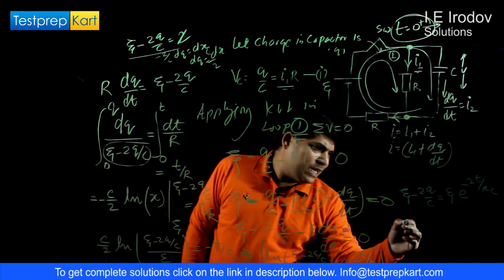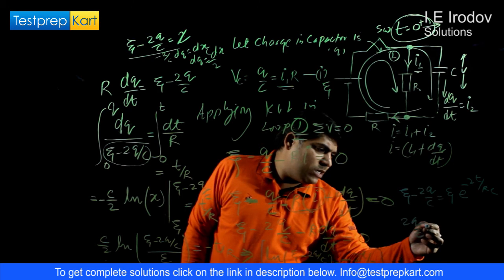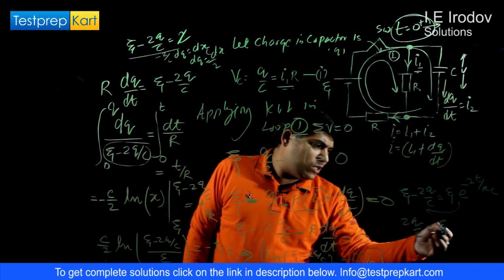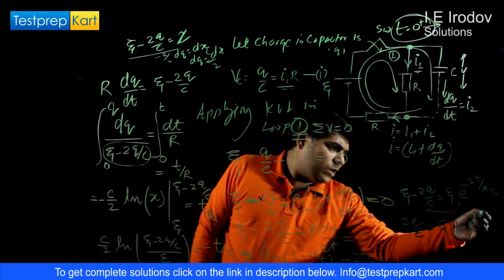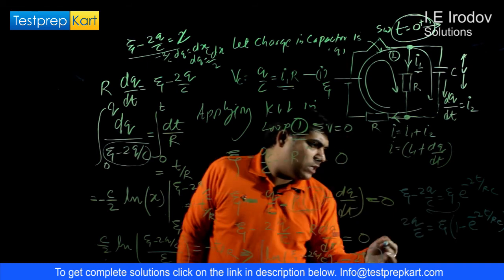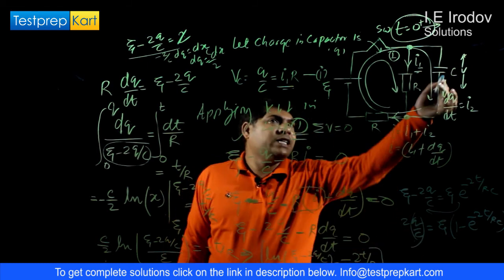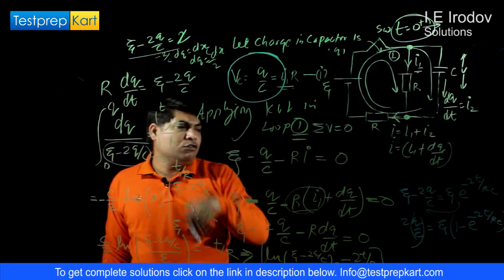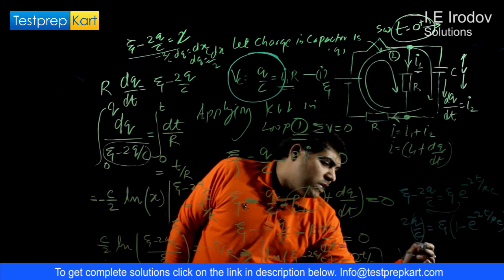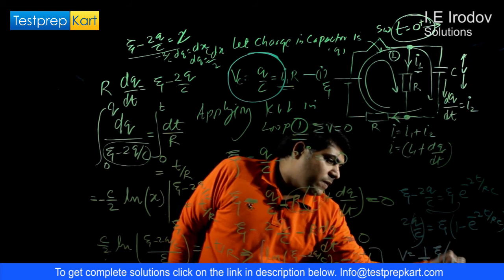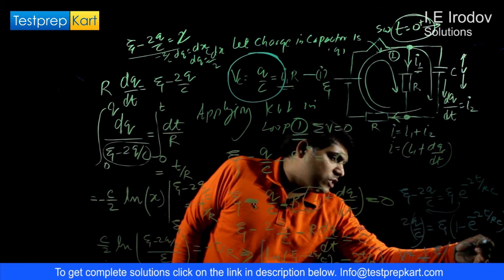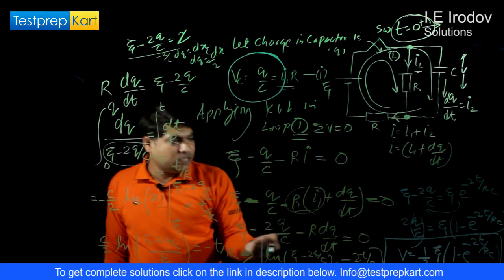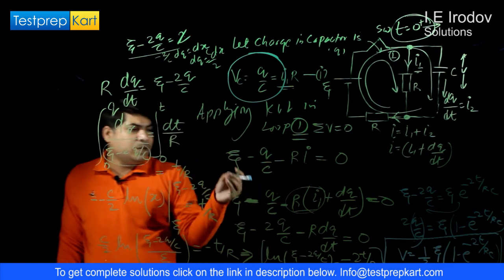From here we can write 2q over C is equal to E times (1 minus e to the power minus 2t over RC). And this q upon C is the voltage at any instant stored in the capacitor, which is what we are trying to find out. So V is equal to one half E times (1 minus e to the power minus 2t over RC). This is our final expression for the change in voltage across this capacitor with respect to time.